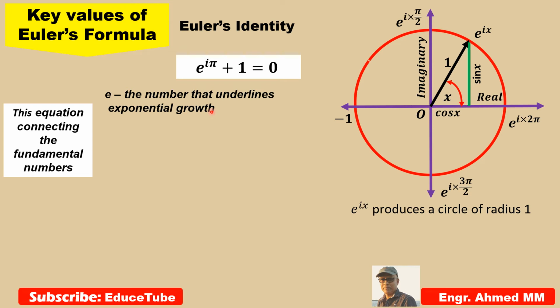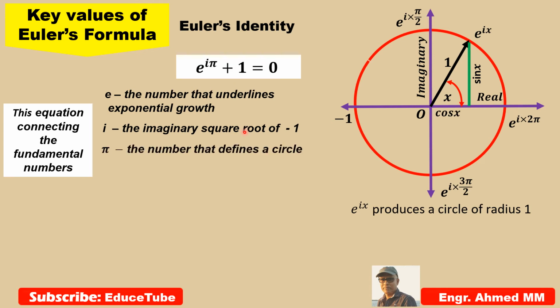And its value we know, 2.7183, and it is also called Euler's number, and it occurs widely in mathematical analysis. We have seen it in so many places. i, imaginary, square root of -1. This is the imaginary unit of the complex numbers.